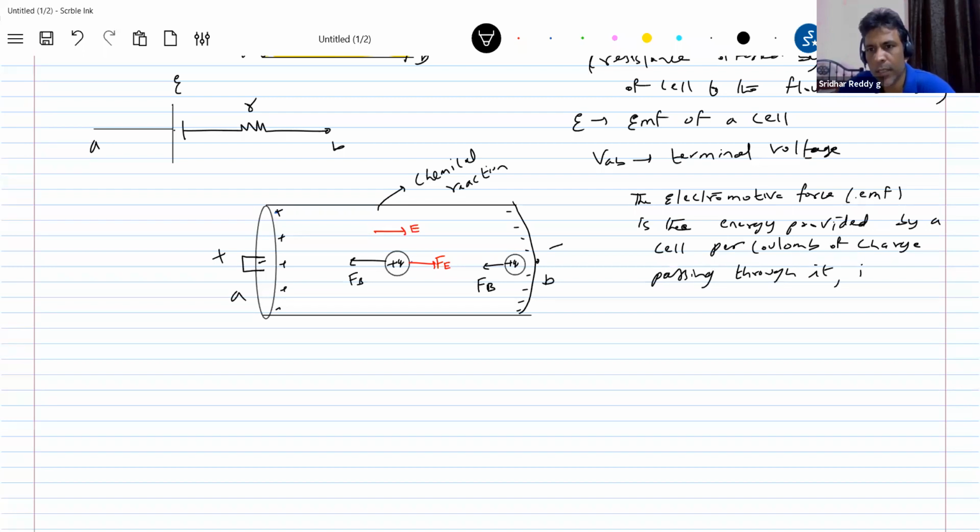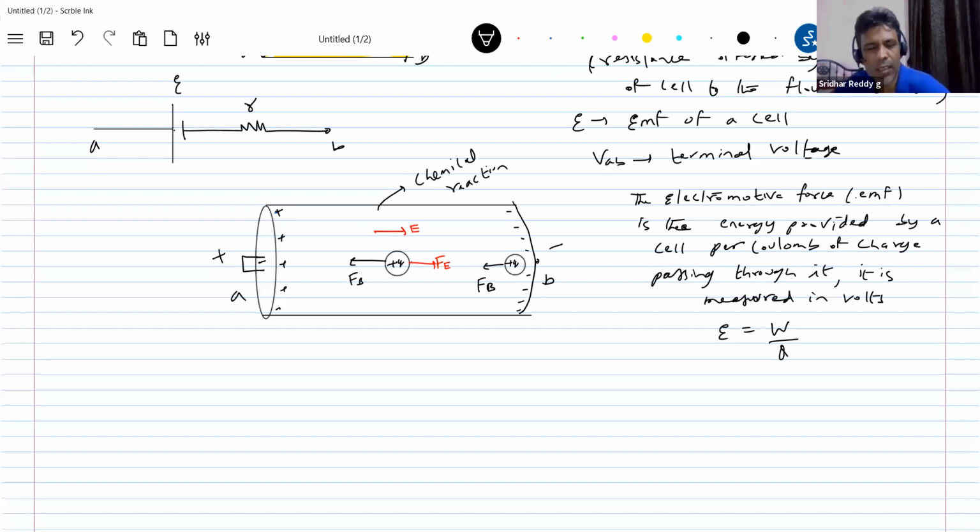It is measured in volts. So this is work done per coulomb of charge.